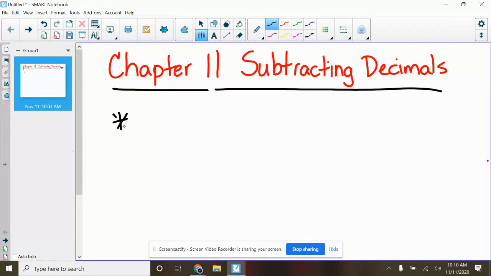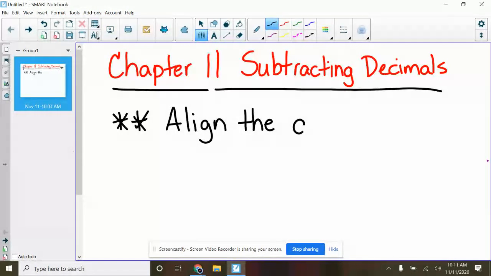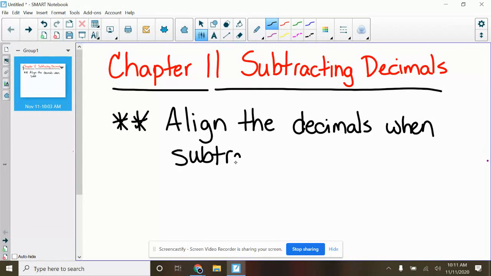Let's give ourselves a little star or two to mean important stuff, and remind yourself that you have to align the decimals when you subtract decimals. And that is so, so, so important.